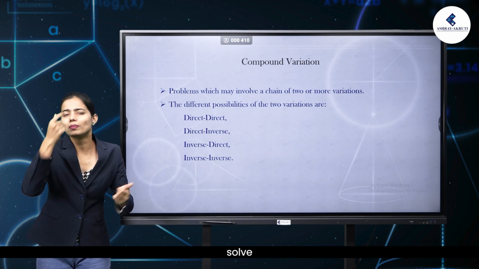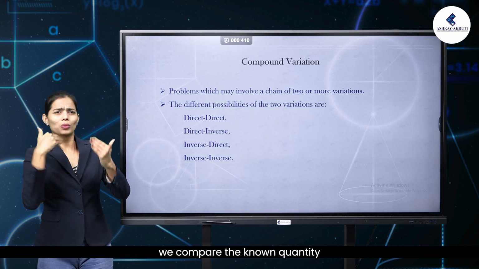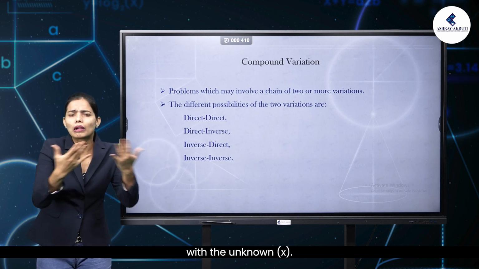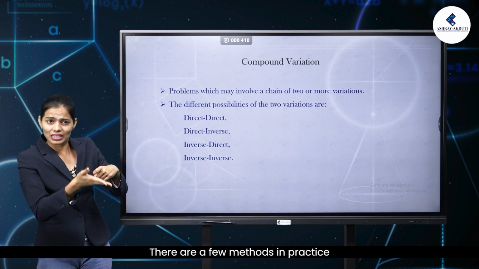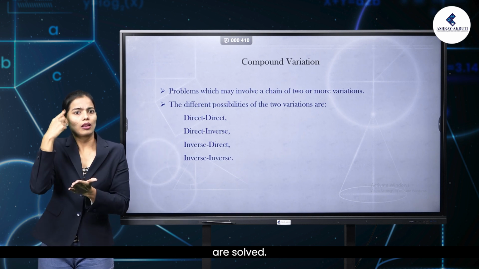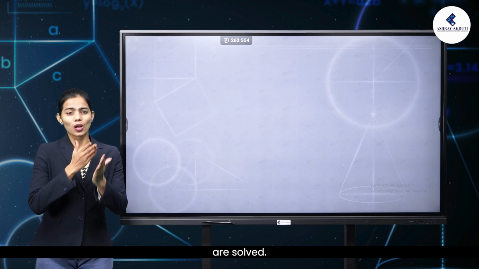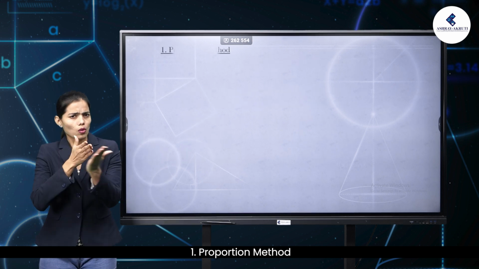Let's now solve a few problems on compound variation. Here we compare the known quantity with the unknown x. There are a few methods in practice by which problems on compound variations are solved. Number 1, proportion method.